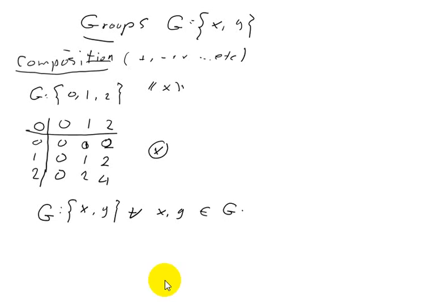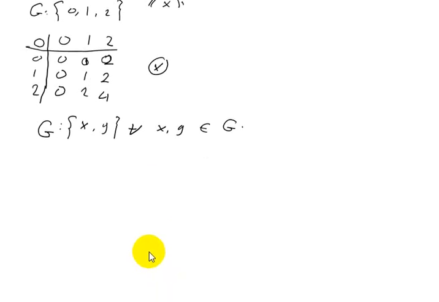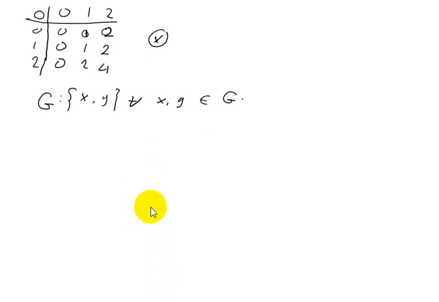Okay, now we make a table for this group, the structure of this group. This is composition, don't forget the composition symbol. This group has two elements, x and y.